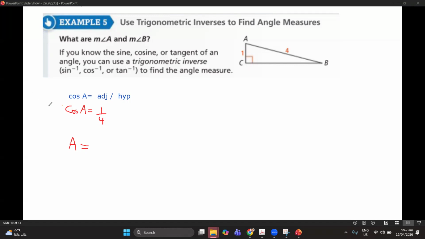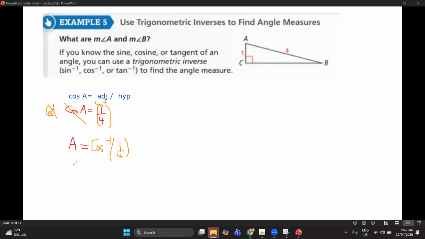I multiply the cosine of A by cosine inverse, and the other side also by cosine inverse. The inverse is written as cosine to the negative 1. The cosine is canceled, so I have A equals cosine inverse of 1 over 4.